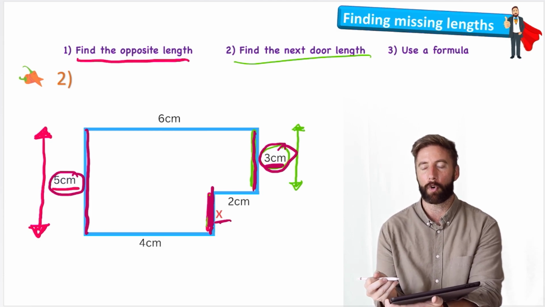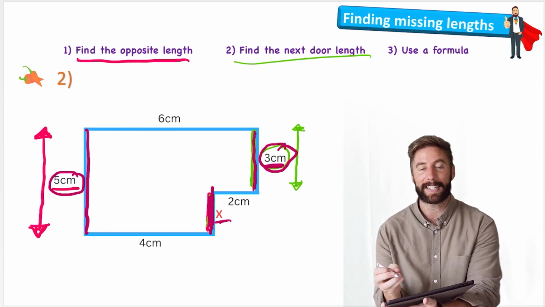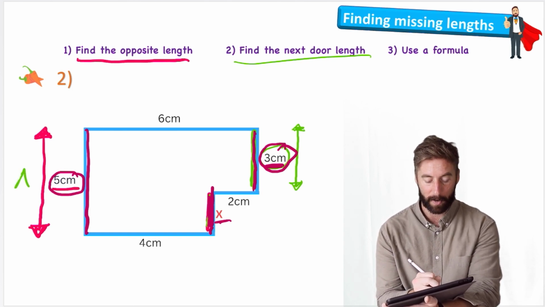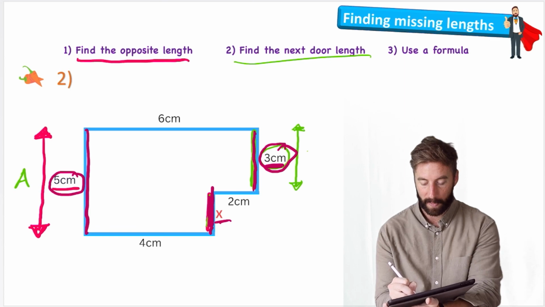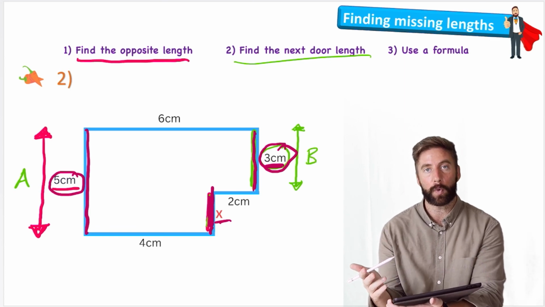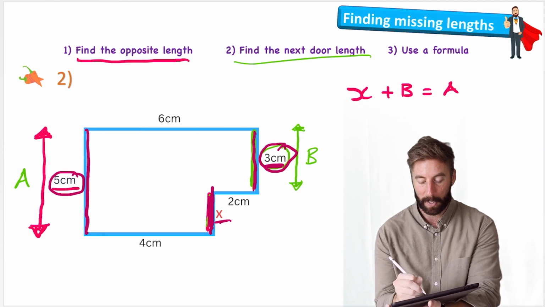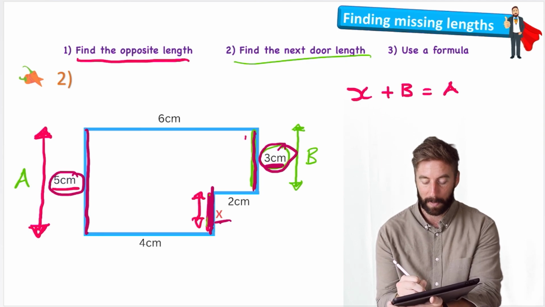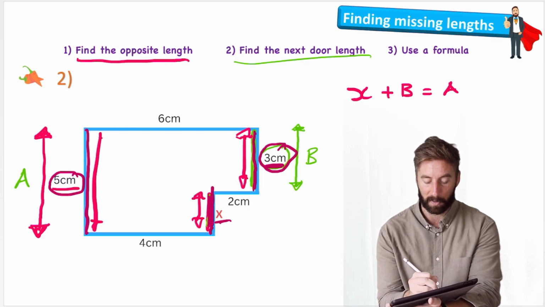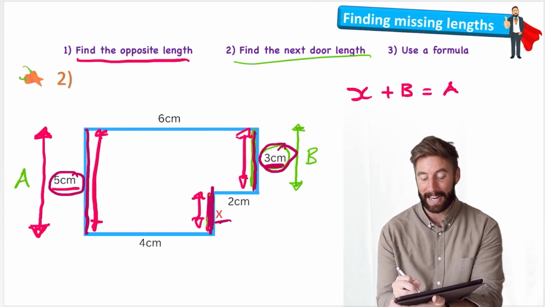So let's put this into a formula and see how we can do it. So again, let's give these lengths letters or variable values. So this will be A and this will be B. So I could do it this way. This is a bit of a longer way. I could do x plus b will equal a, because this length plus this length will equal this whole total. But remember, with the formula we need to get x on its own.